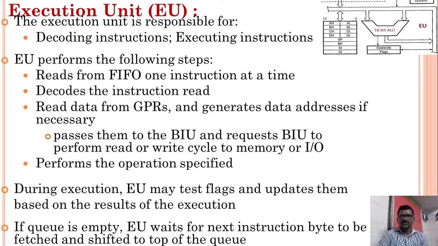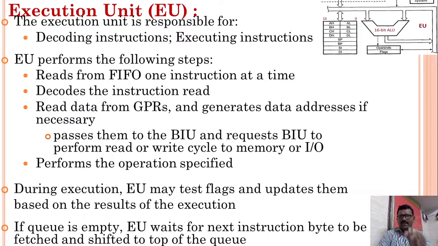And if the instruction queue is empty, the execution unit will wait for the next instruction byte to be fetched and shifted to the top of the queue. Also, if a program has a branch instruction, then the address of the next instruction will change, not the current address.